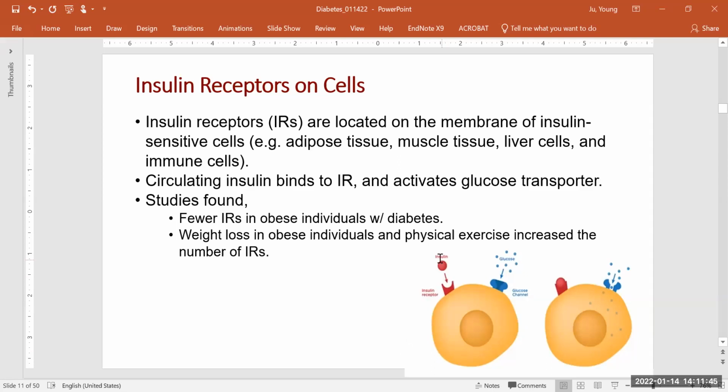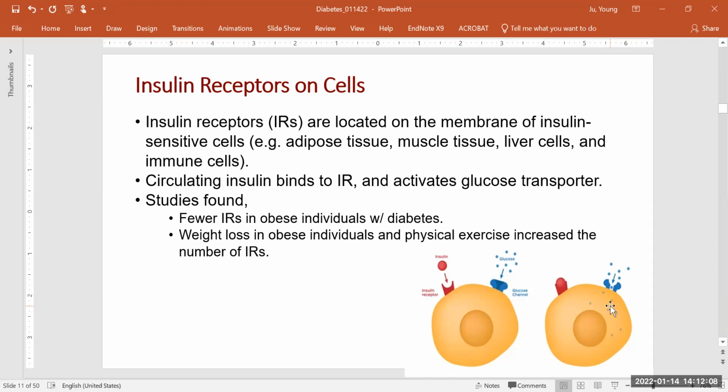And once insulin binds to its receptor, it starts many activation cascades, including glucose transporter activation and translocation to the cell surface area. And then that lets glucose come into the cell from the bloodstream.